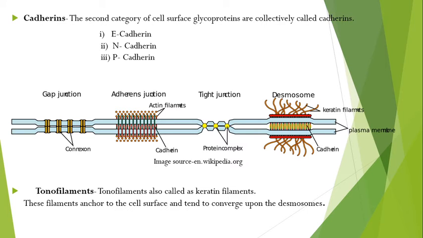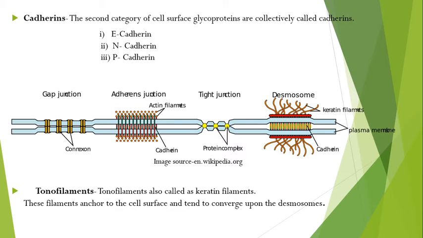Gap junctions and tight junctions we discussed in the first lecture, and today we will discuss desmosomes and adherent junctions. In adherent junctions, there are cadherins. Got it? There are three types: E cadherins, N cadherins, and P cadherins.